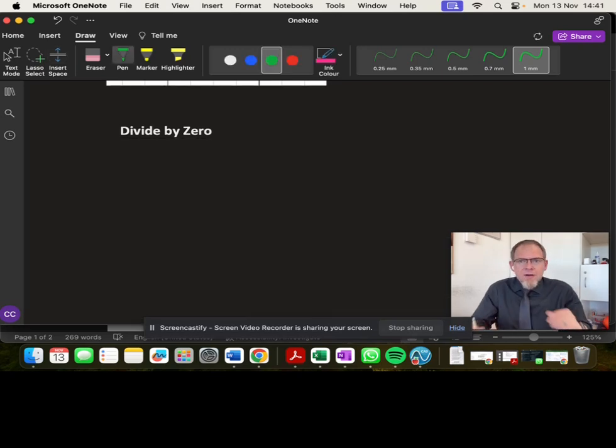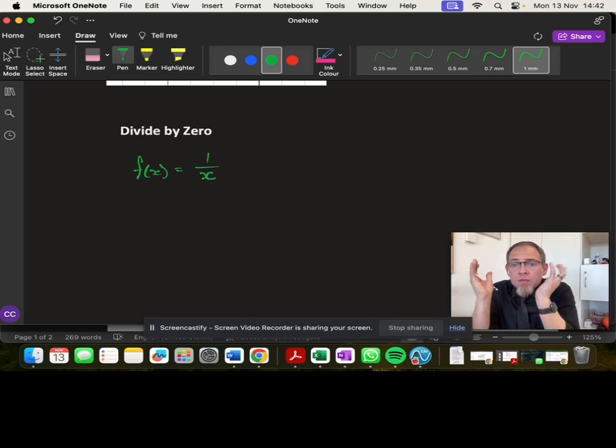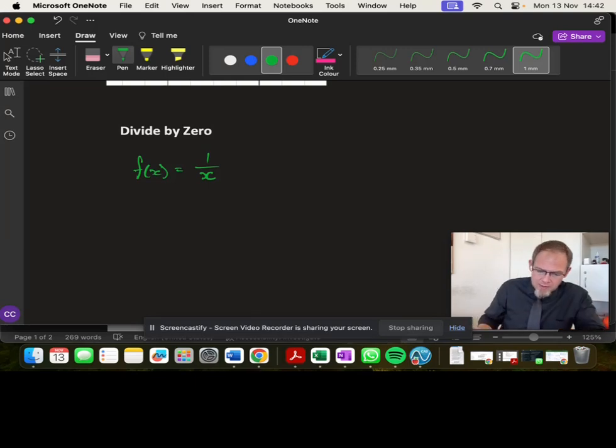We are still not allowed to divide by zero. So if we ever have a function, something like f of x equals 1 over x, then anytime the denominator of a fraction becomes zero, we can't have that. So that limits our domain.